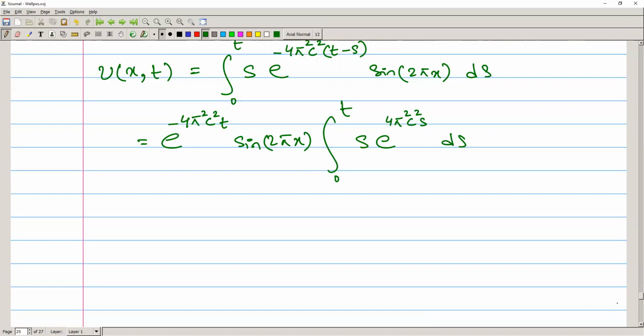Now we know how to integrate this function. We can use the integration by parts rule to find the solution of this function.